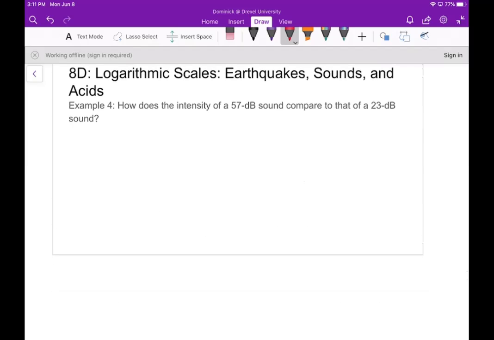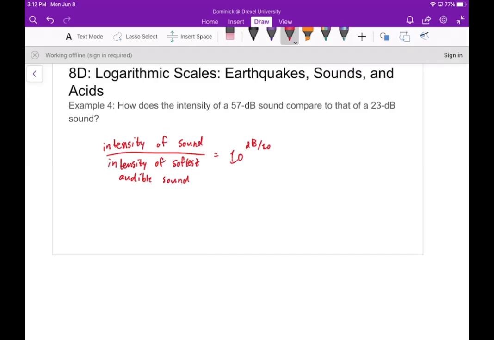So the second formula was that the intensity of the sound over the intensity of the softest audible sound is equal to 10 to the decibels scale over 10, right?